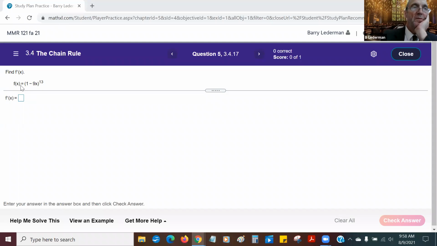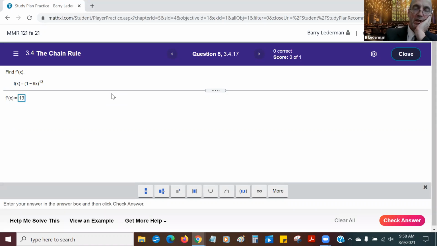All right. Find f prime of x. Well, it's going to be 13 times 1 minus 9x raised to the 12th power. And this is the outer derivative.